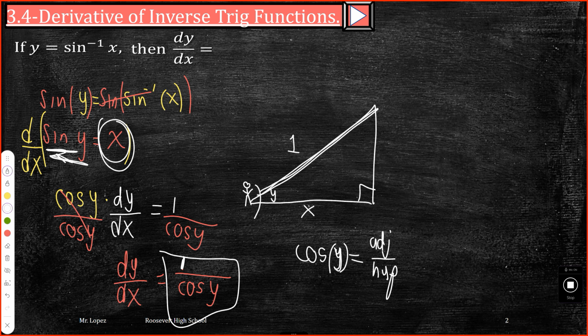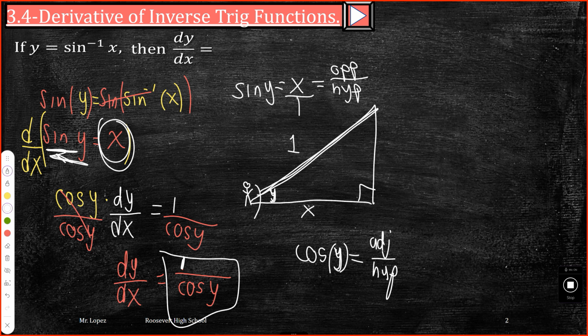Because from this statement, sine y equals x, where y is this angle. Then what's the definition of sine? Opposite over hypotenuse. So I put the x in the wrong place, because sine y is going to be x over 1.